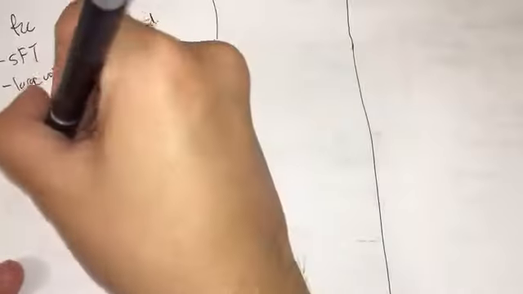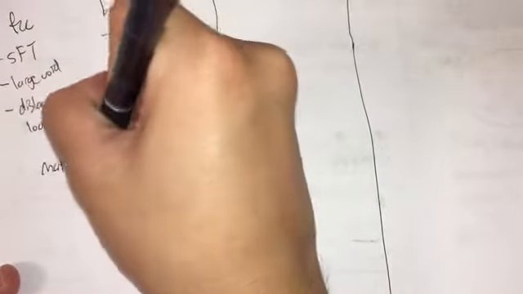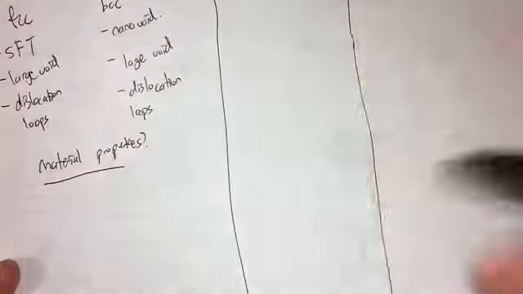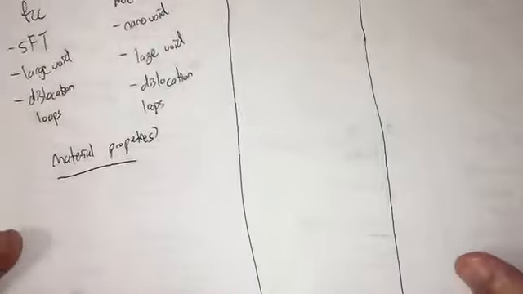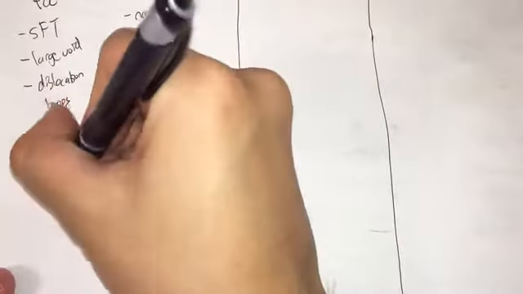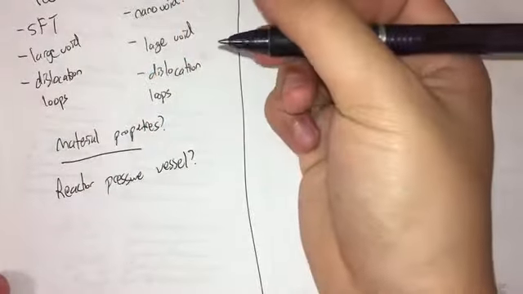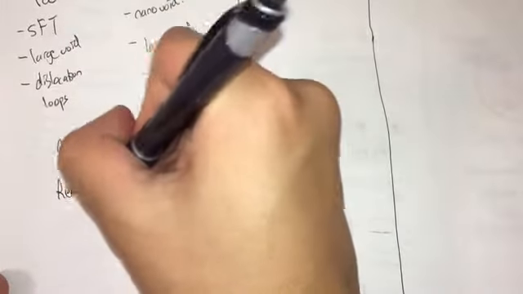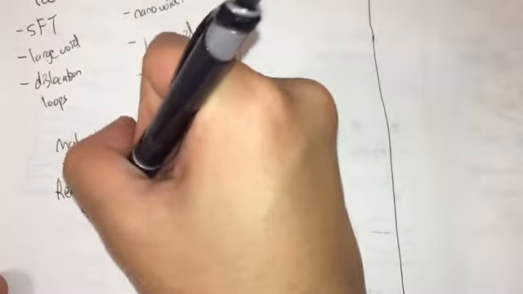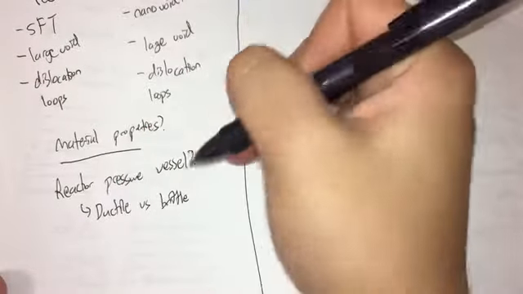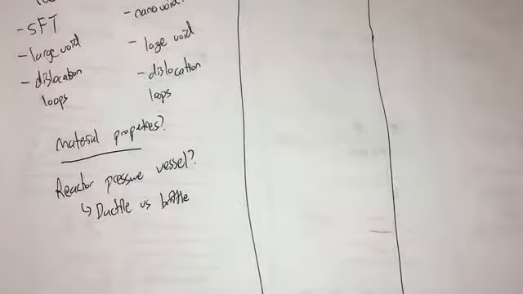So what will happen to our material properties? Alright. First of all, which material property do we care about for a reactor pressure vessel? Now, for this, we care about the ductility and brittleness. So we want to know whether it will have a ductile versus a brittle property.